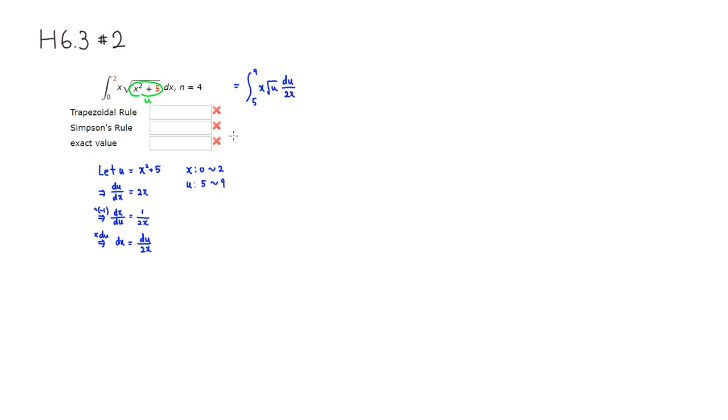Clean up a little bit: x on top, x on the bottom, cancel out. You have 1 over 2 as a constant, so place it right in front. We get 1/2 in front, integral from 5 to 9, square root, which I'm going to write as u to the 1/2 power, with respect to u.